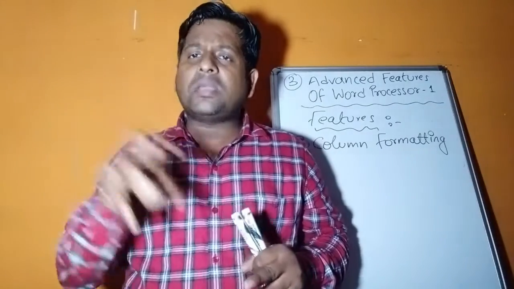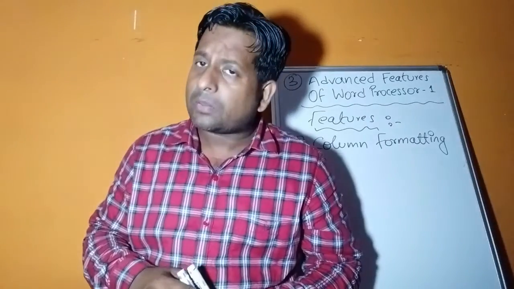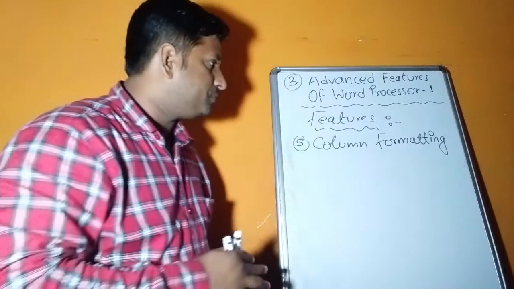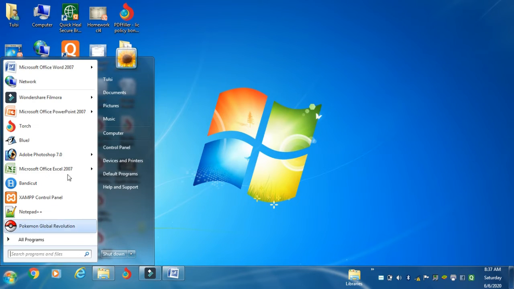We can even add images in the columns. See this, you will understand it better. Then see the steps for how we can apply column formatting to the text. First let me open Microsoft Word.